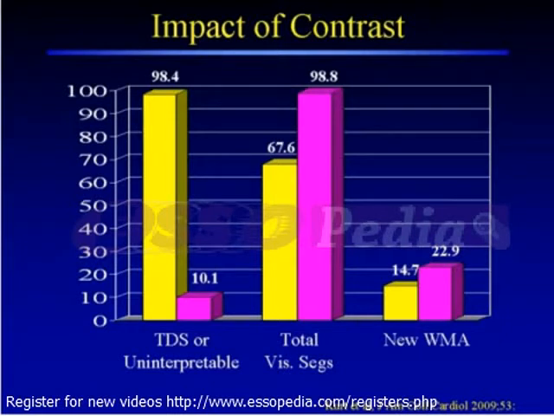Furthermore, the percentage of segments that were visualized increased from 68% to 99%. Most importantly, the percentage of patients with a new wall motion abnormality detected on echocardiography increased from 15 to 23%. The ability to accurately detect abnormal wall motion led directly to a change in patient management in this study.